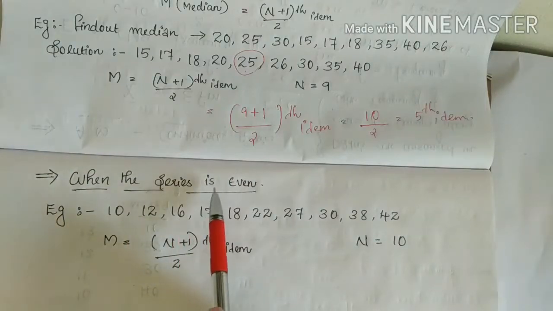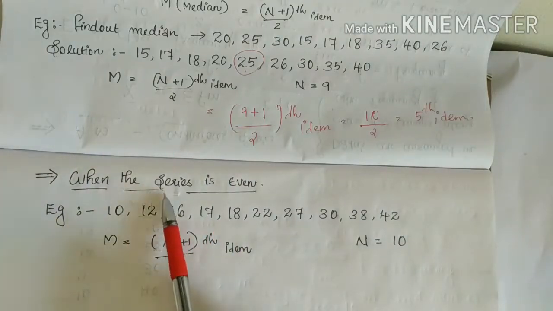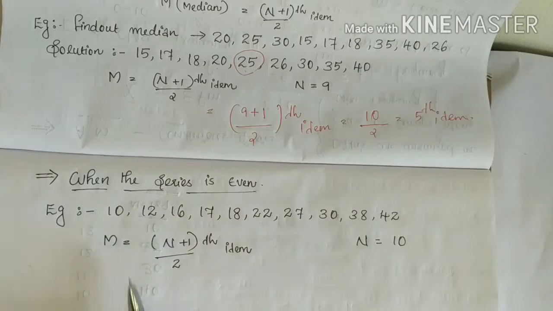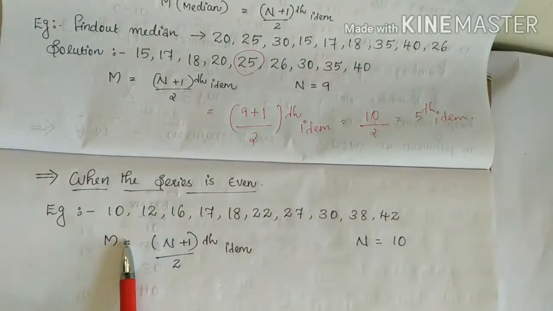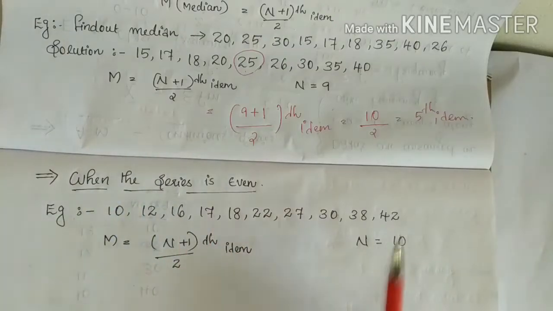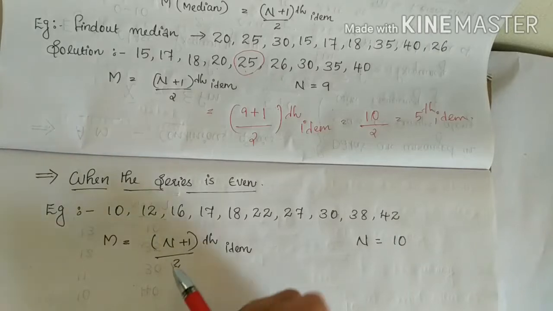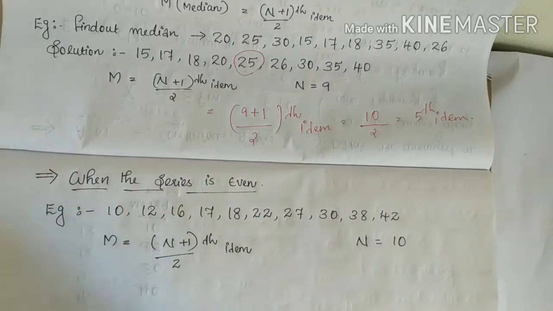When the series is even numbers, the first procedure is to arrange the series into ascending or descending order. In this example, the series is already arranged in ascending order. Then apply the equation median is equal to (n plus 1) by 2th item.